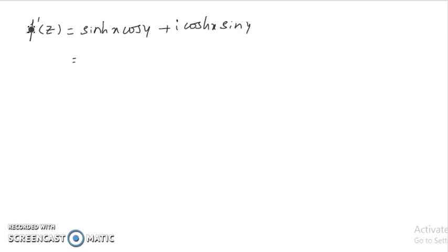Further we need to simplify this. To simplify, we are going to multiply and divide by i. So it gives me i over i, sinh x cos y, plus i squared over i, cosh x sin y.